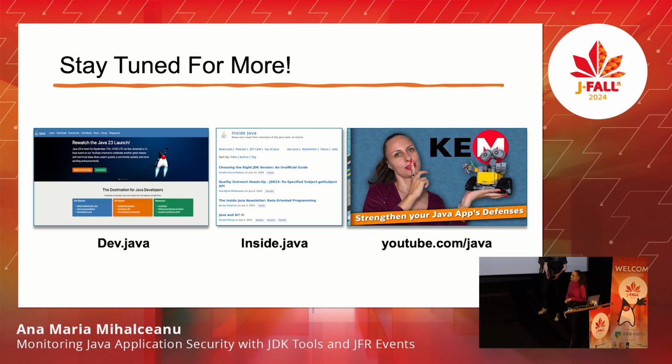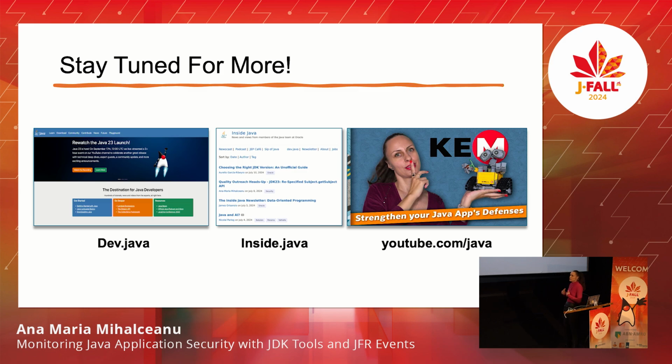For more information, we have a security section on dev.java that we hope to expand with even more information in the upcoming weeks and months. So dev.java contains tutorials on relevant things that are going on in Java. We're mostly looking into publishing tutorials on final features.